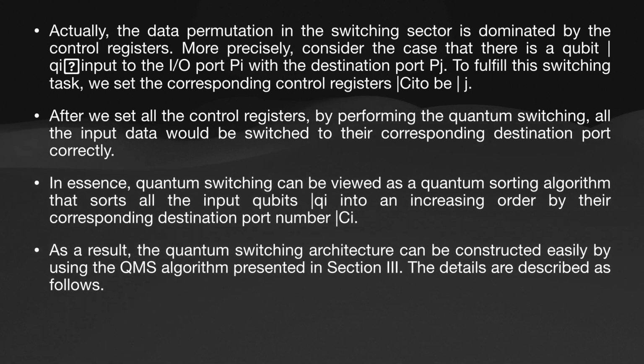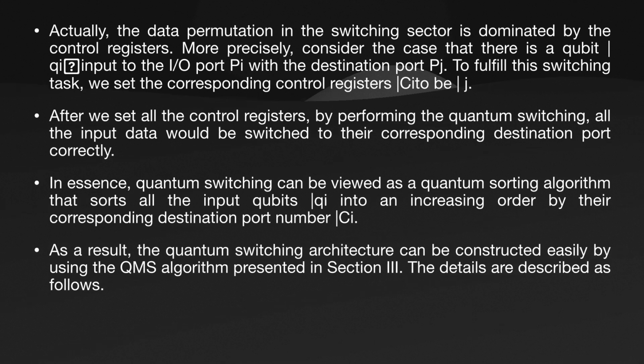More precisely, we consider the case that there is a qubit Qi input to the IO port Pi with the destination port Pj. To fulfill the switching task, we set the corresponding control register to Bj. After we set all the control registers and perform the quantum switching, all the input data would be switched to the corresponding destination port correctly.